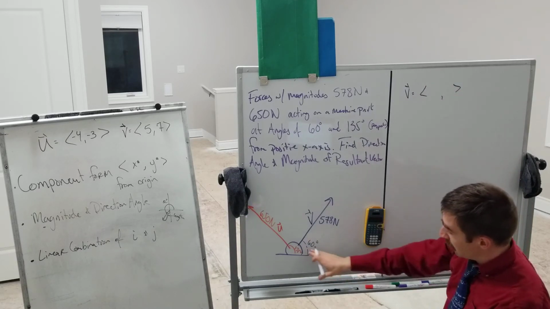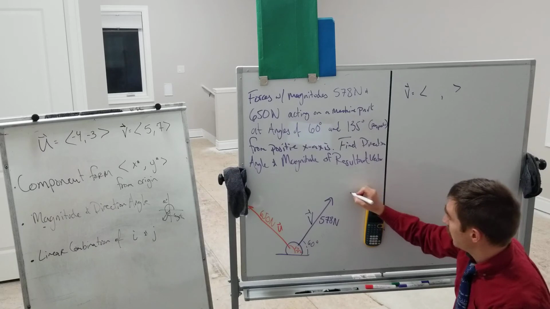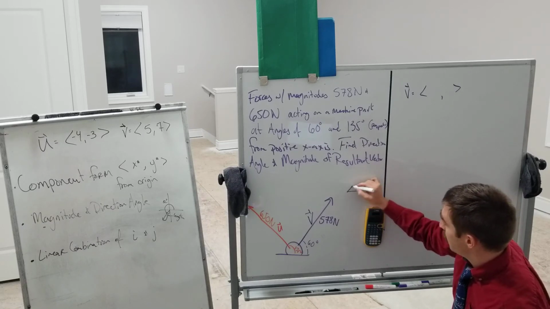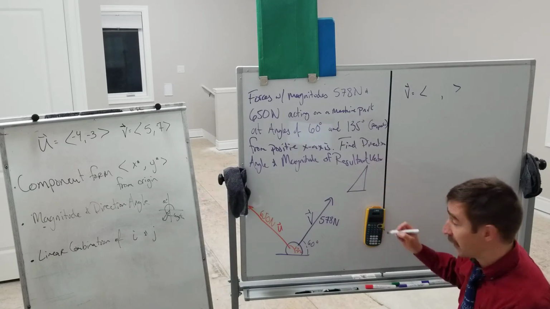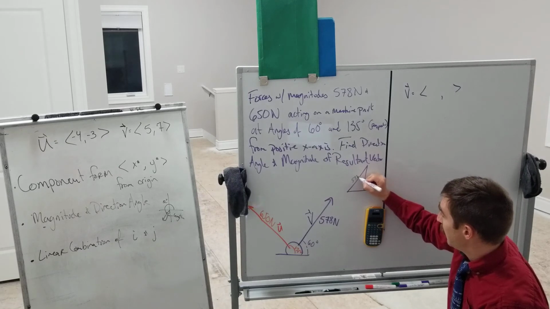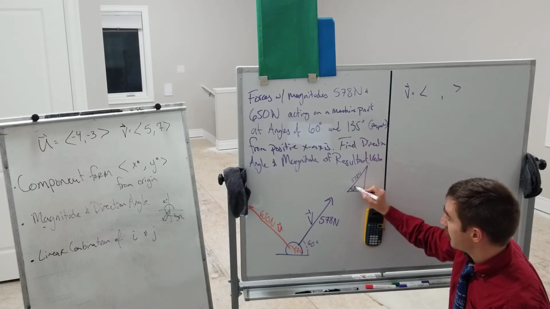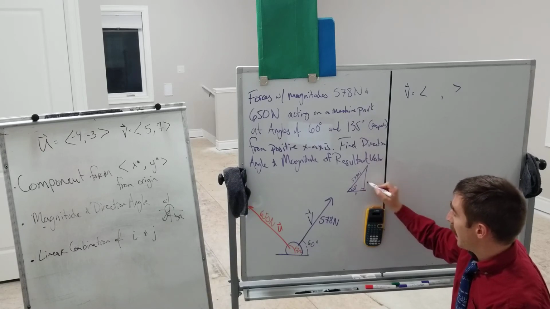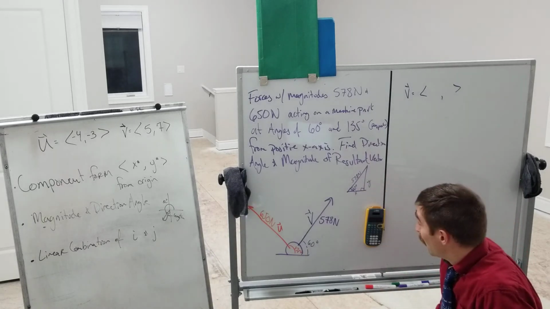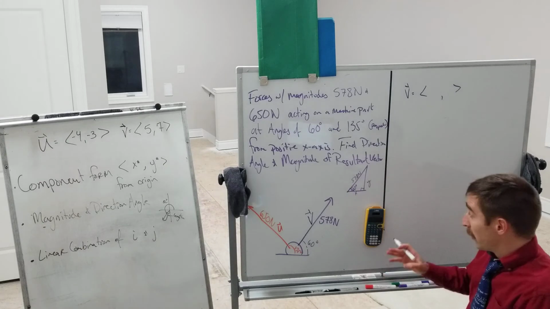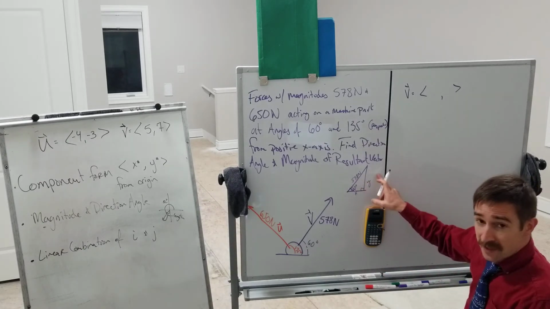Vector V is, well, it's going to have an x. So if I look at this, I've basically got 578 newtons, and I have a 60-degree angle here. I want to know my x and my y. Well, if I want to find that, I would use sine of 60 to find y.